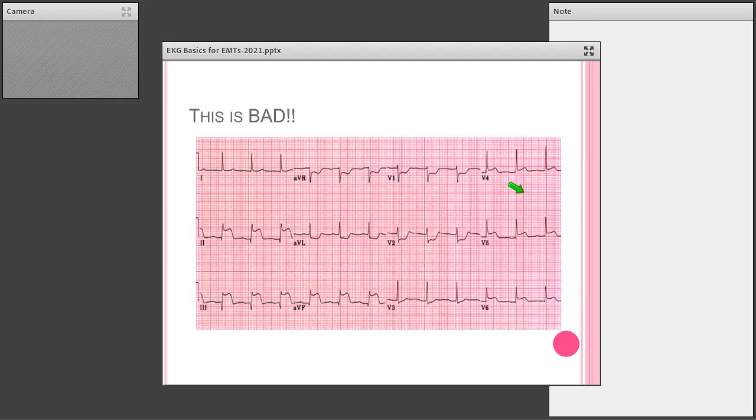So this poor soul is not having a good day. If we look at these leads, we can see on lead 1 right here, there's not any ST elevation. But if we look at lead 2 or lead 3 or AVF, those 3 are congruent leads.